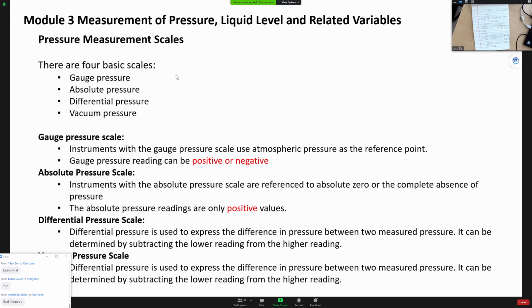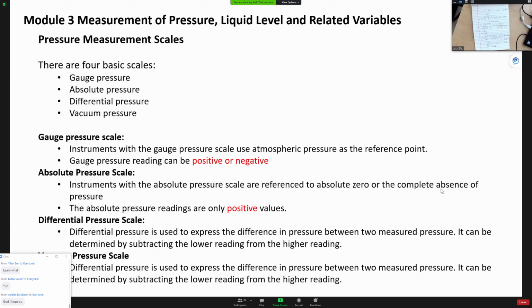Pressure measurement scales. There are 4 basic scales. One is called gauge pressure. Gauge pressure usually is where we use an instrument such as a pressure gauge to do the measurement. Absolute pressure has a reference to 0. Like you can see at the bottom here, instruments with absolute pressure scale are referenced to absolute 0, a complete absence of any pressure.